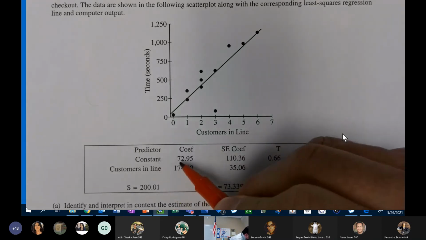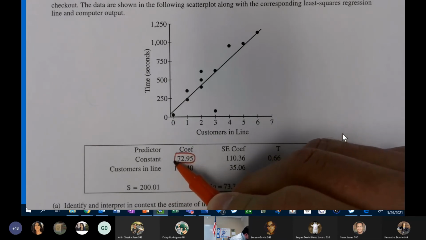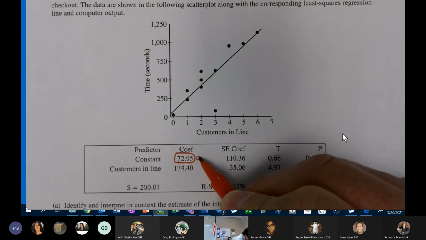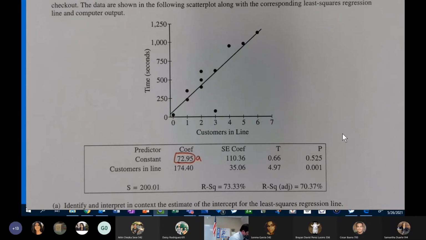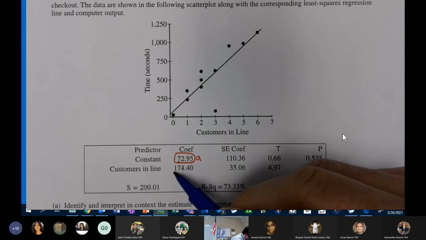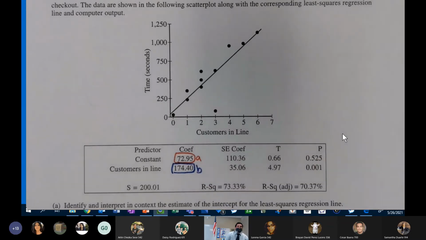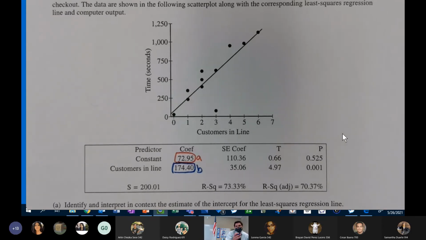We have the constant, which is A. This customer's in line is our slope B. So each customer in line basically represents 174.4 seconds of time in the checkout.